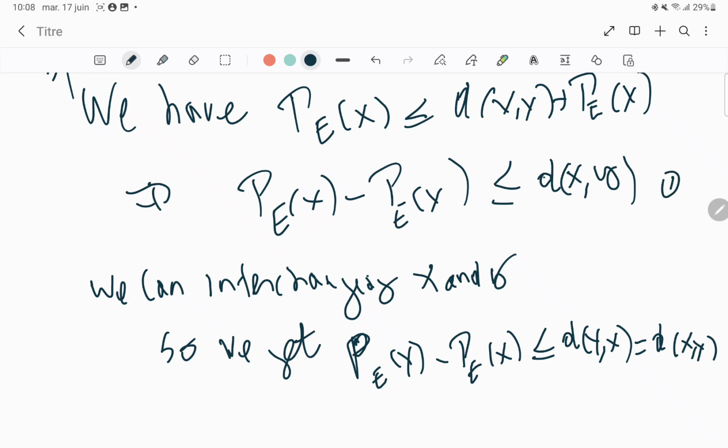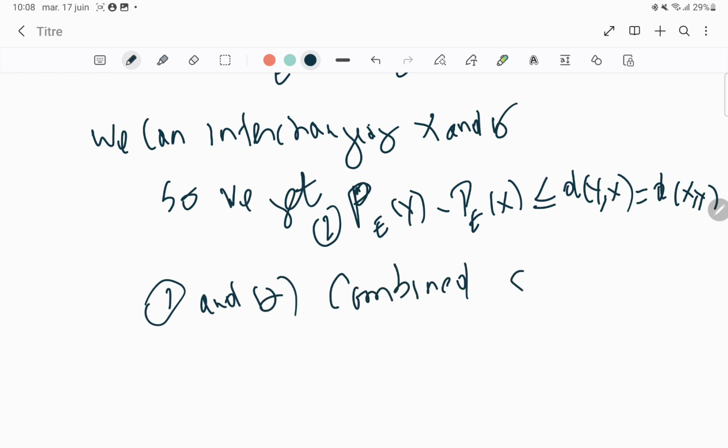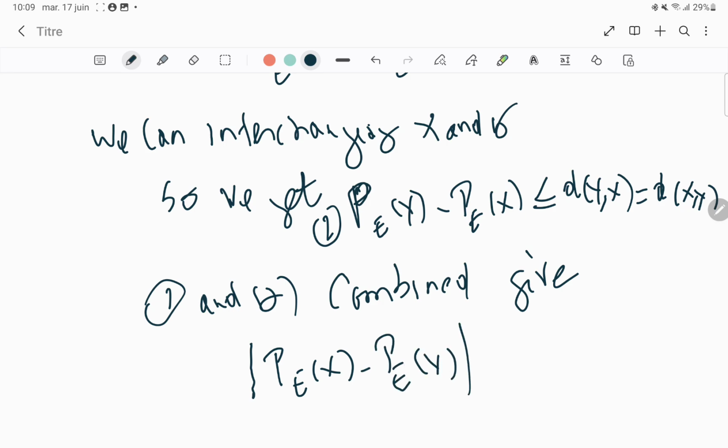So 1 and 2 combined give the absolute value of ρ_E(x) minus ρ_E(y) smaller than or equal to the distance d(x, y). Thank you.